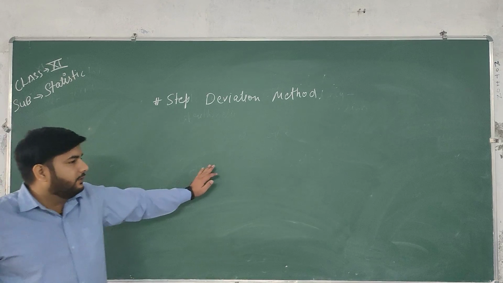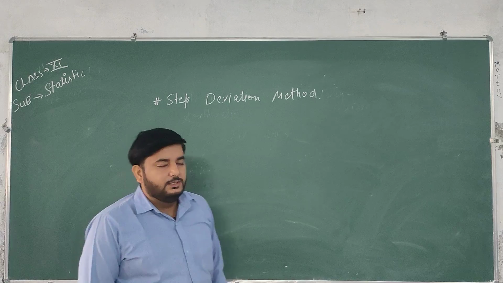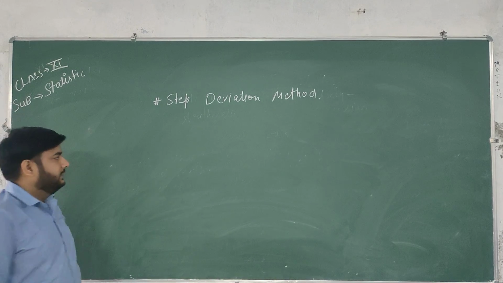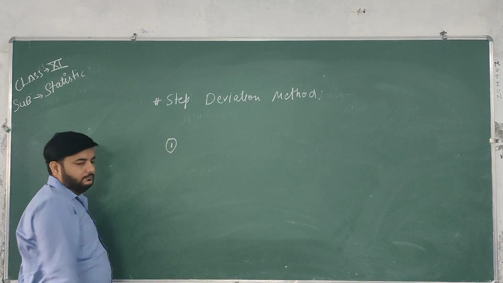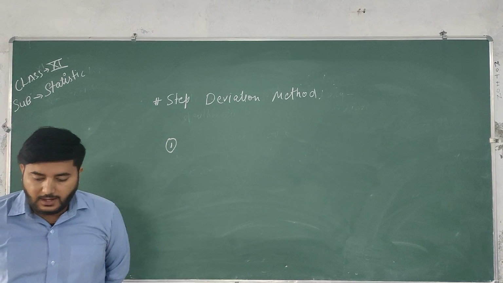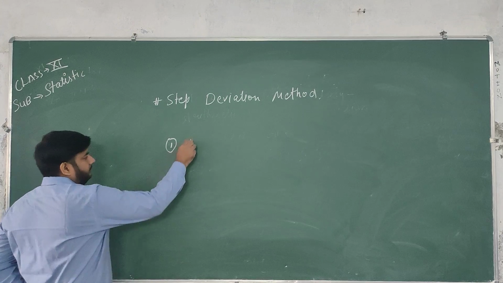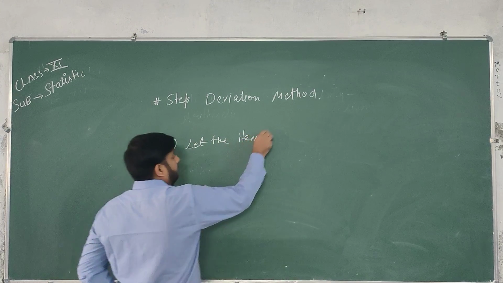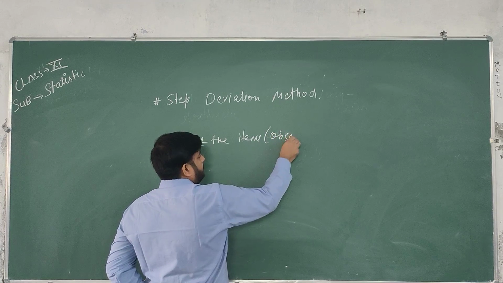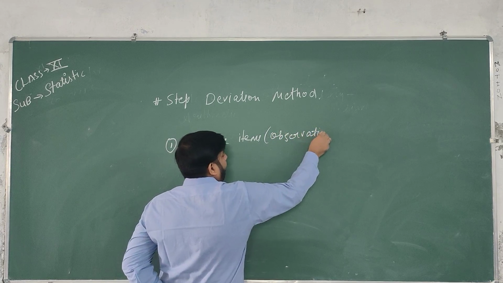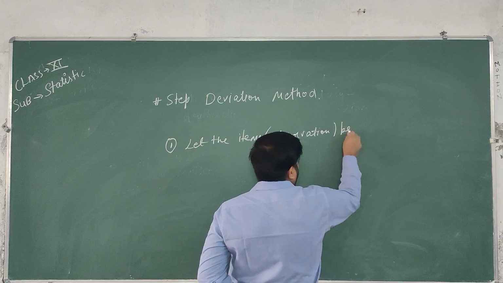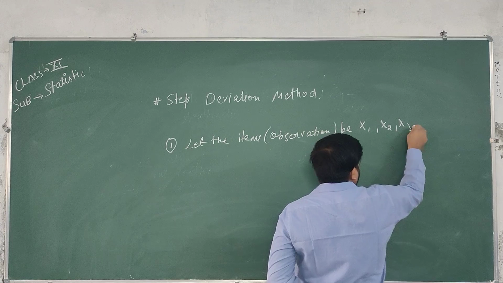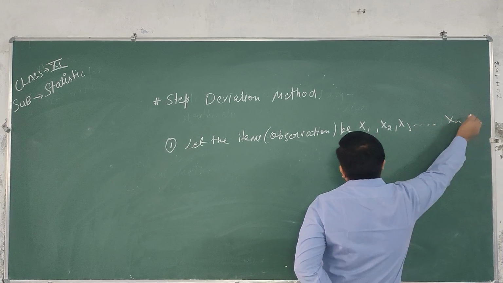Write down the steps of the step deviation method. First, let the items of observation be x1, x2, x3 and xn.